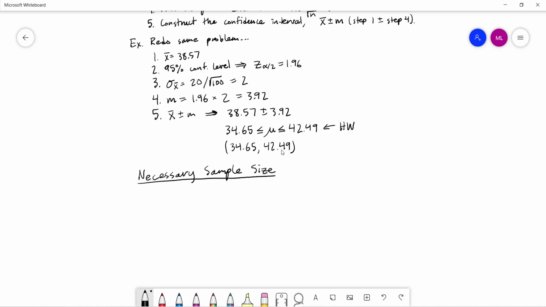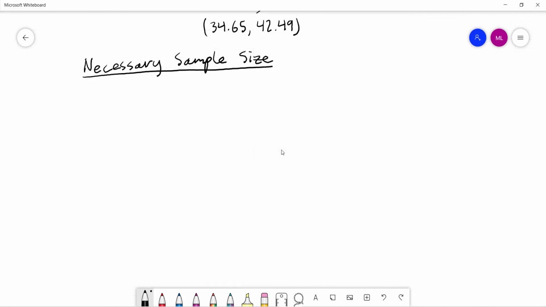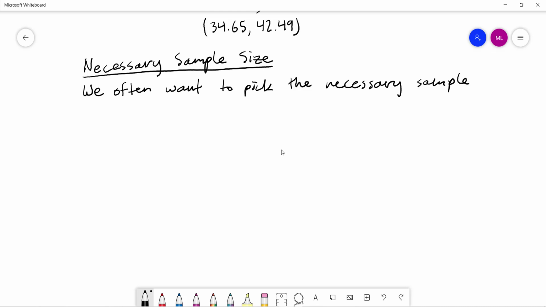Well, the only thing we're going to have control over is how big of a sample size we take. So in a necessary sample size problem, we often want to pick the necessary sample size to yield or give a particular margin of error.